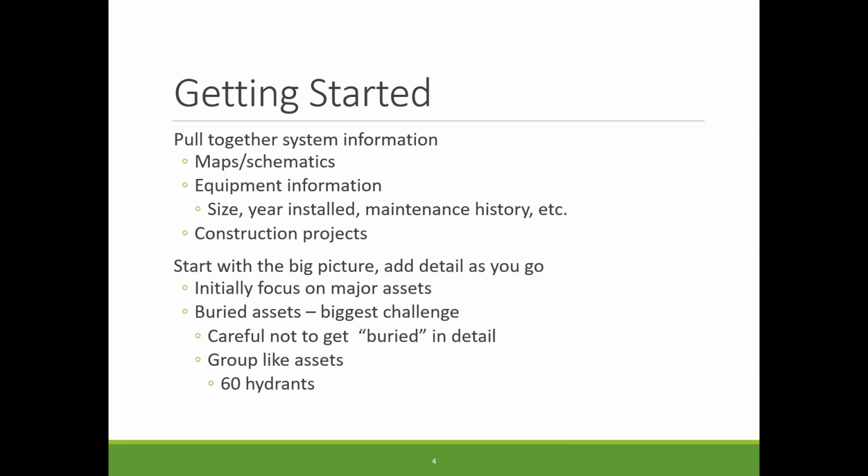Also, grab as much equipment information as you can. You may have user's manuals, or other information as to when major pieces of equipment were purchased and installed, and that's going to give you great information to input, as the SCAP tool looks at how much remaining life your infrastructure should be expected to have.